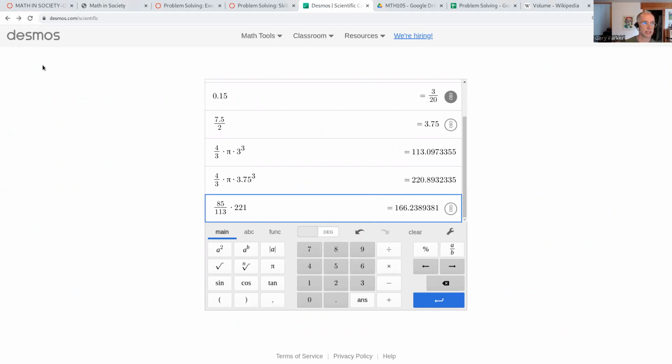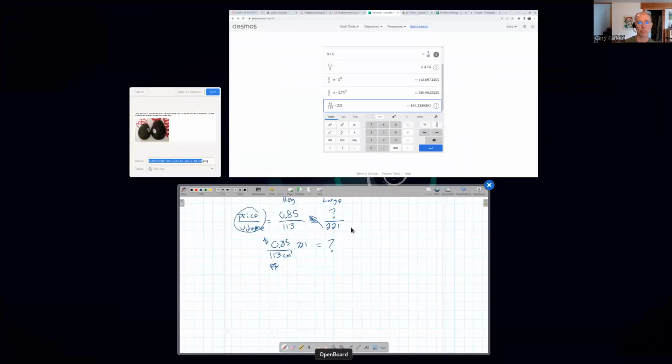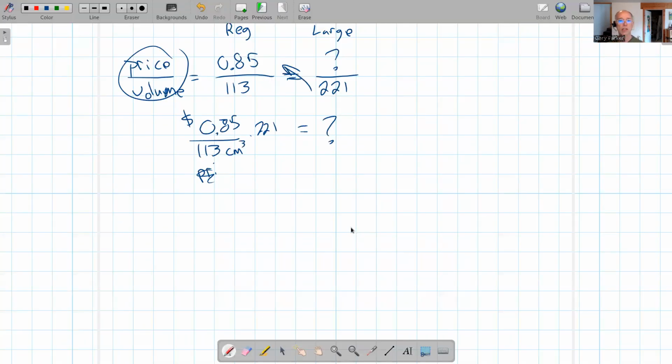Right? So that's kind of cool. So any price less than about $1.66 is a better deal compared to the 85 cents for the small one.